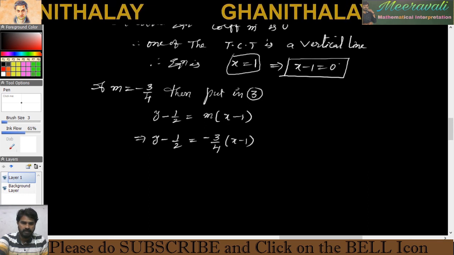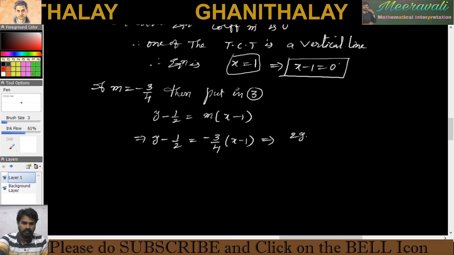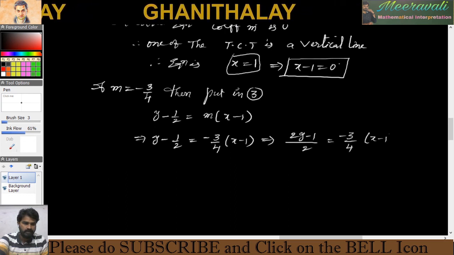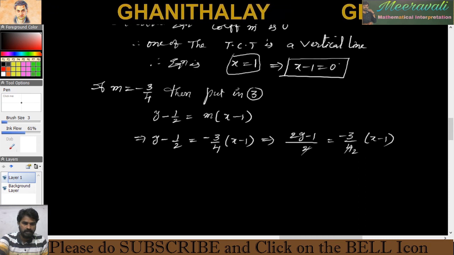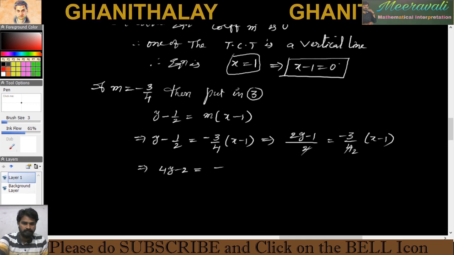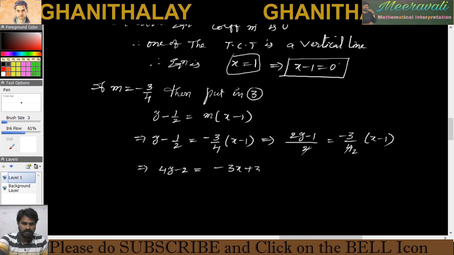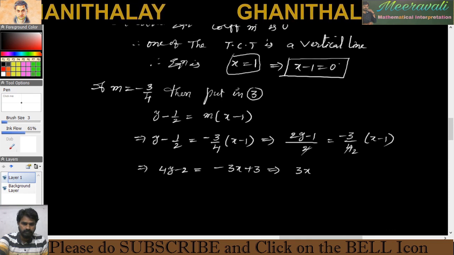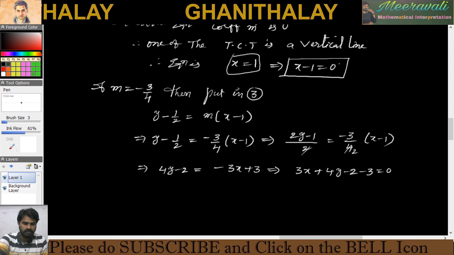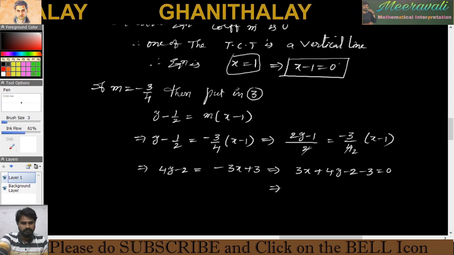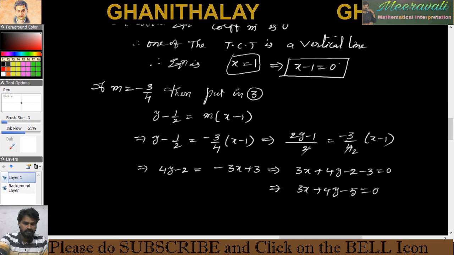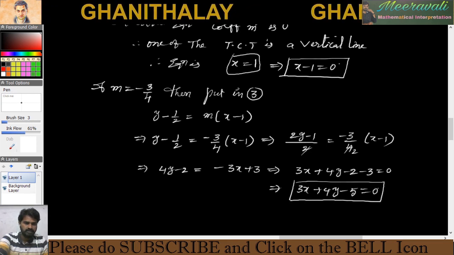So finally y minus 1 by 2 is equal to minus 3 by 4 into x minus 1. Now doing cross multiplication, 4y minus 2 is equal to minus 3x plus 3. So 3x plus 4y minus 2 minus 3 is equal to 0. Take all terms to the left side: 3x plus 4y minus 5 is equal to 0. This is the one more transverse common tangent.